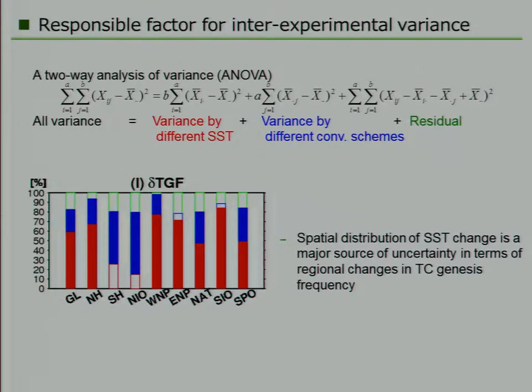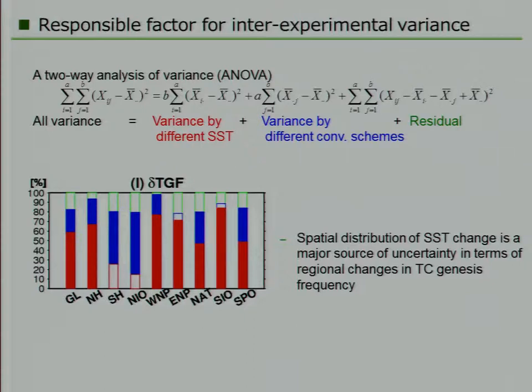To quantify these results, the variance between the experiments is divided into factors by a two-way analysis of variance. All the variance between the 12 experiments is divided into the variance by different SST, the variance by different convection scheme, and the residual.